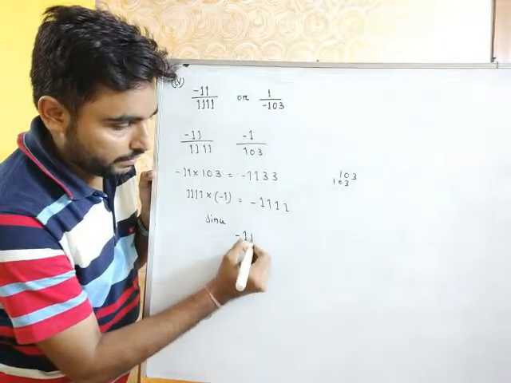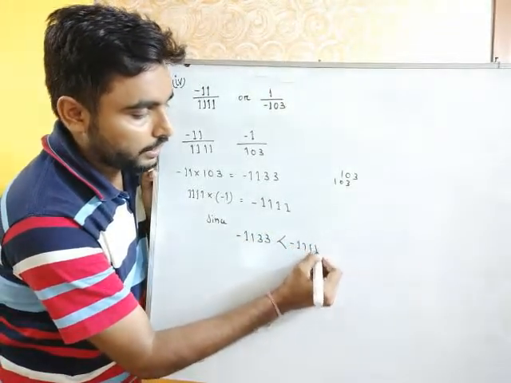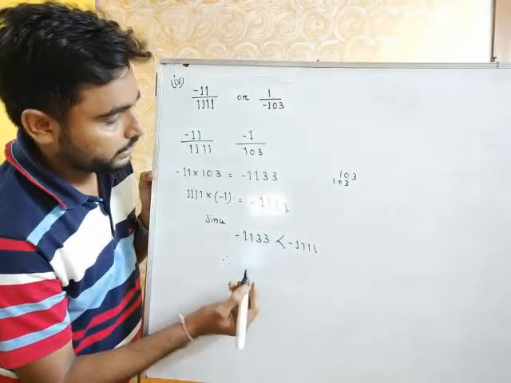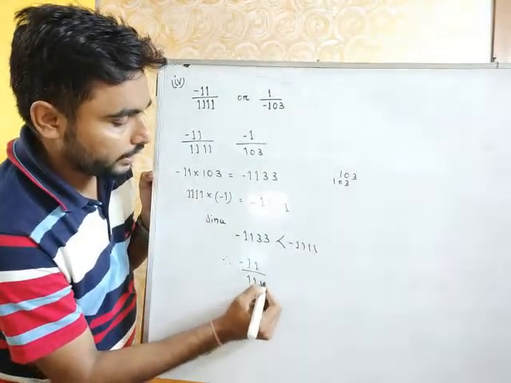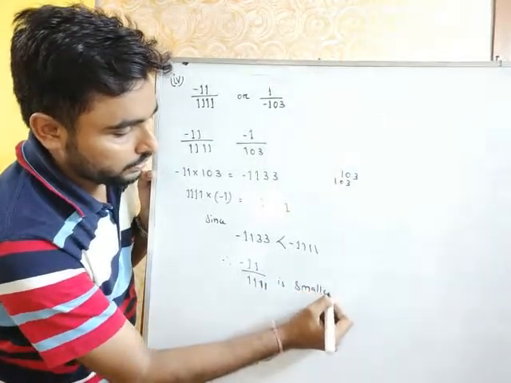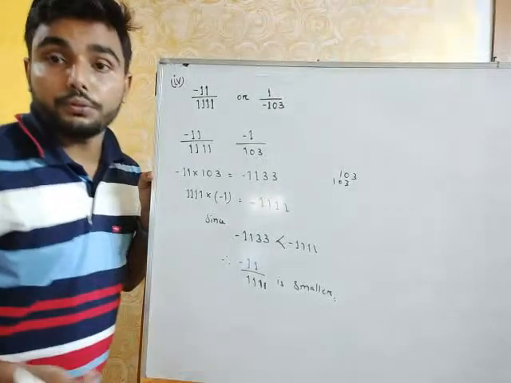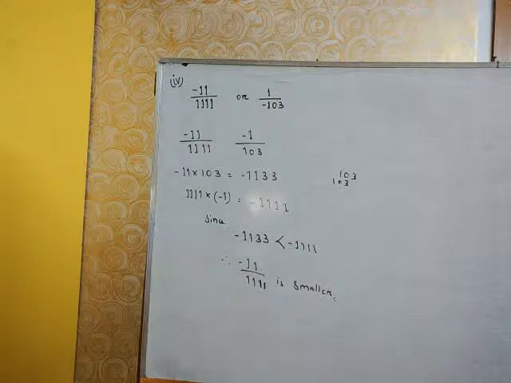Since minus 1133 is less than minus 1111, therefore I can say minus 11 by 1111 is smaller. Got it, all of you? Any doubt? Written?